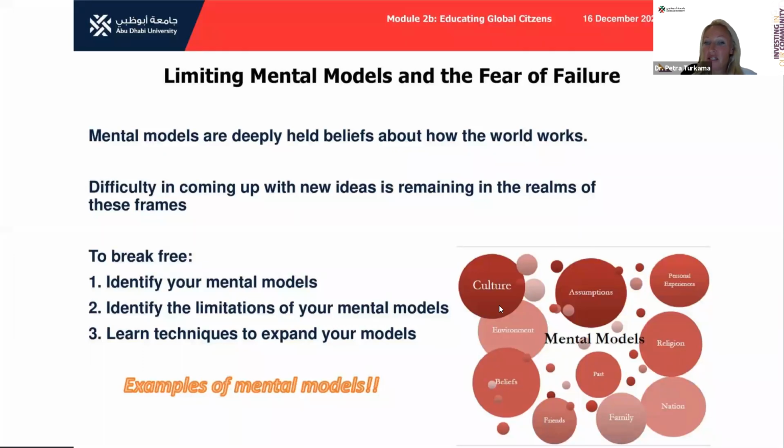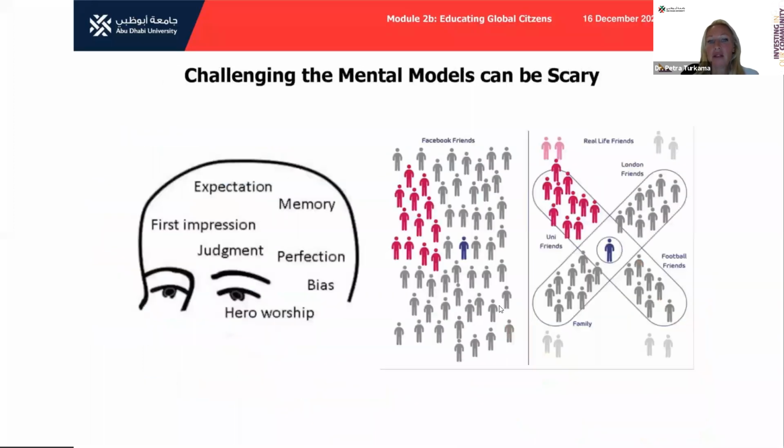So what we should do is challenge these mental models. And how to do that? It is obviously trying something different and stepping out of that thinking. But like I said, challenging the mental models can also be scary, especially the other way around, when we think that we are very good at something, but then we are challenged and think maybe we actually are not.